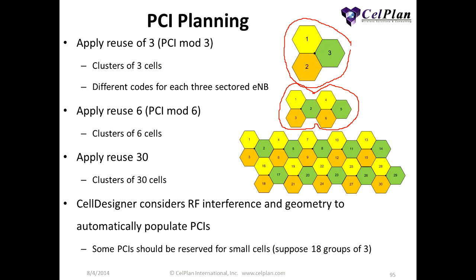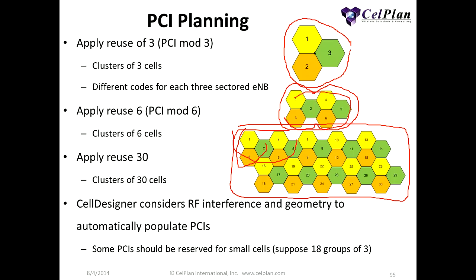So here I have a reuse of 30. Basically, I will do my PCI plan in threes. Then I will take groups of threes and form groups of 6. Then I will take groups of 6 and form groups of 30. Then I will repeat the groups of 30 to form groups of 150.